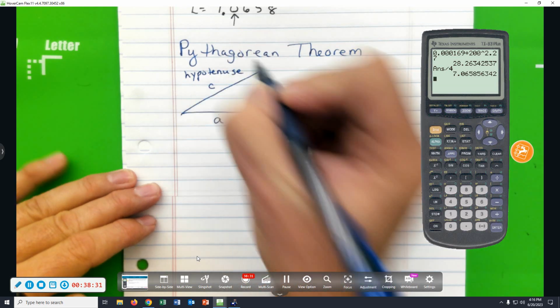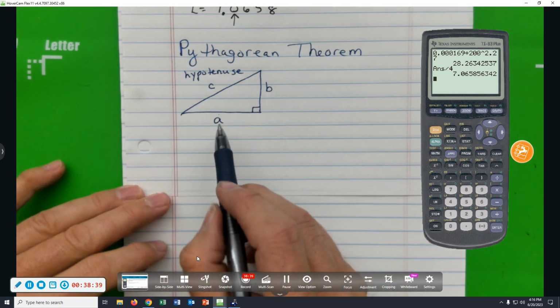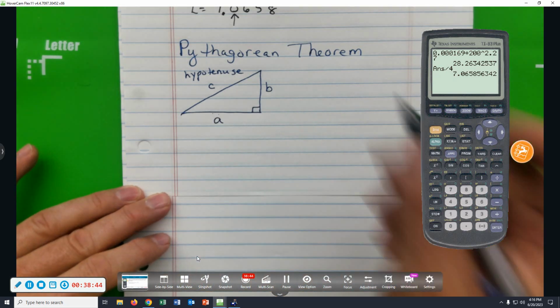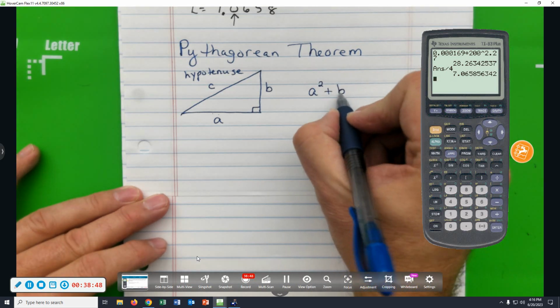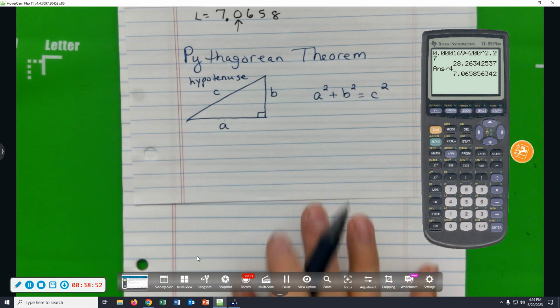I won't bother writing out the word leg. I assume most of y'all can spell leg, L-E-G. The Pythagorean theorem says if you call the two legs A and B and the hypotenuse C, then A squared plus B squared is equal to C squared.